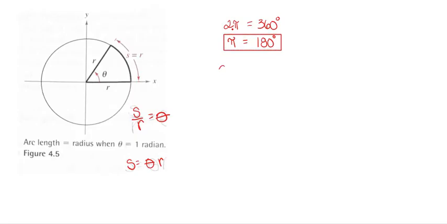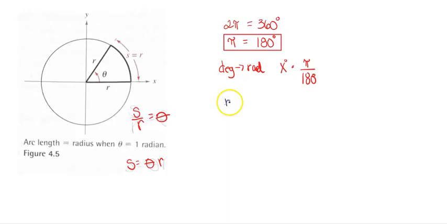If we are trying to go from degrees to radians, we would take whatever our degrees are and multiply it by pi radians over 180 degrees. So I could cancel out my degrees and then just be left with radians.